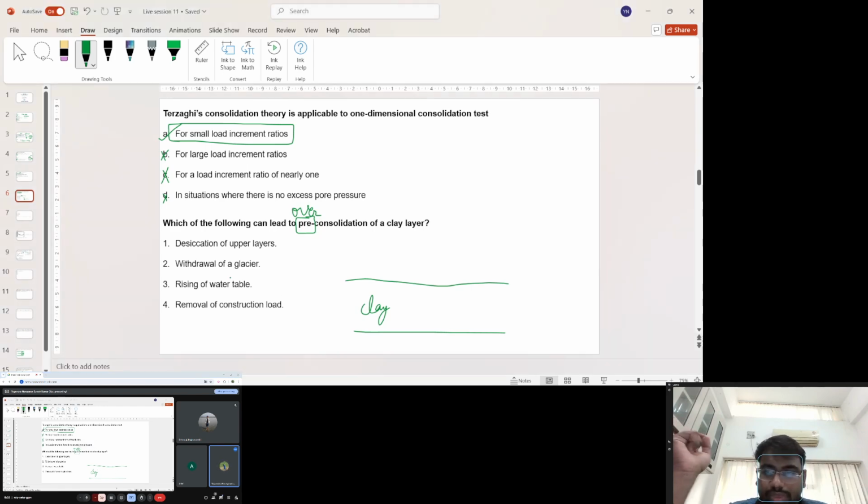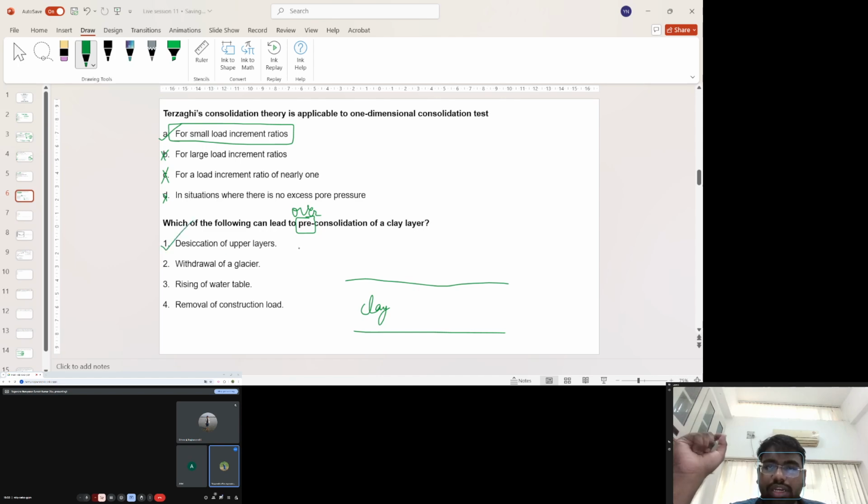So this option will obviously lead to over consolidation, and withdrawal of glacier also leads to over consolidation. Rising of water table will in fact increase the stress. It will not decrease the stress. And option 4, removal of construction load, we are removing the stress, which in a way leads to over consolidation of the clay layer.